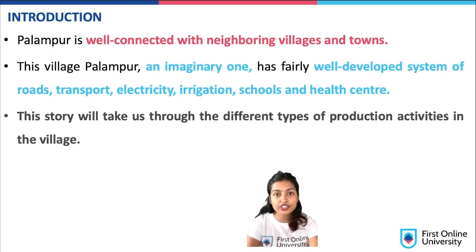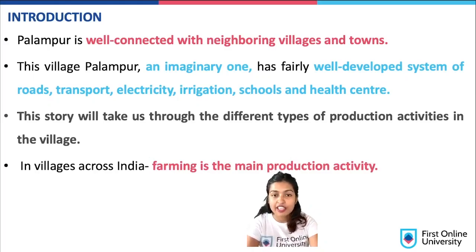This story is going to take you across the different kinds of production activities that happen in this particular village. Like I mentioned earlier, in Palampur, farming is one of the main production activities. You also have other activities, but a majority of the activity is farming only.